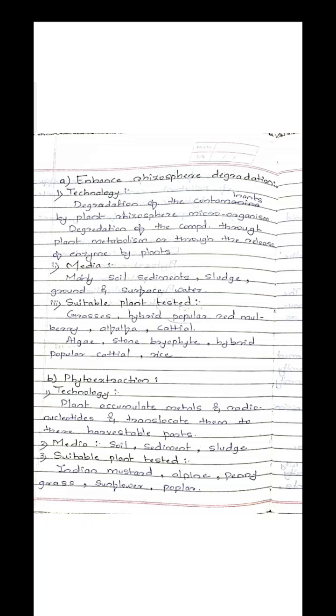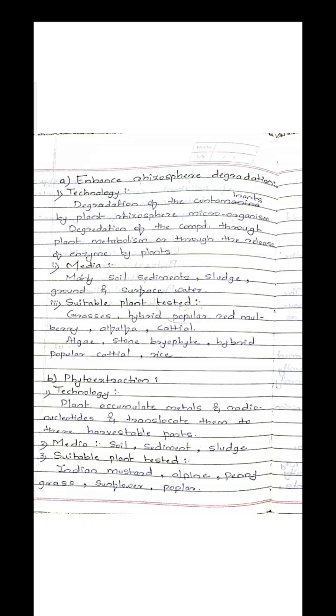Suitable plants for this are some grasses, hybrid poplar, red mulberry, alfalfa, cattail, some algae, stone bryophytes, rye and rice. These plants degrade the contaminants or pollutants by their rhizosphere microorganisms.